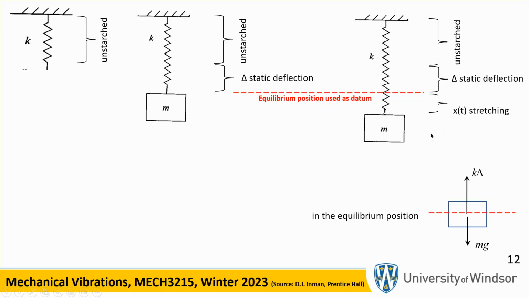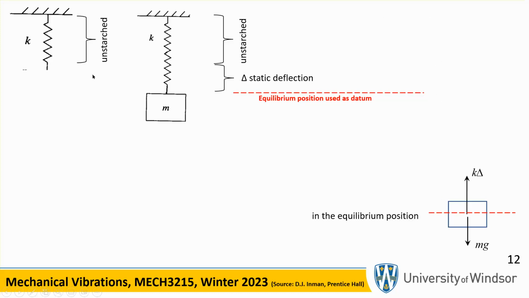But here is the situation. Let me go back here. So suppose we have a spring and you suspend it from the ceiling, and this is the unstretched length of the spring. So the spring, with no weight added to it, is unstretched like this. If you add the mass to it, it will slowly deflect and go down here. This is the static deflection. So let me start measuring my x from this position, from this datum.